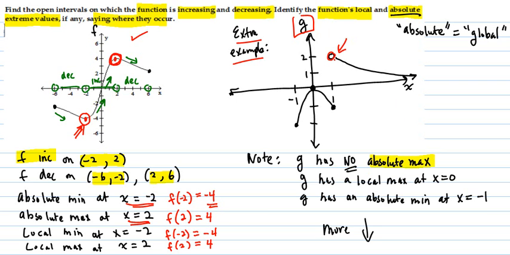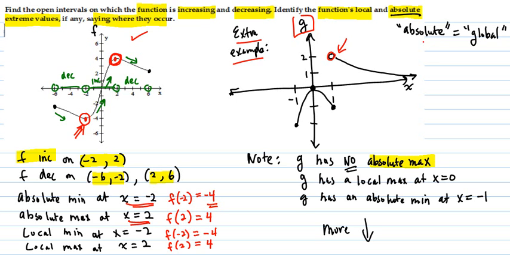But because it's an open circle, it never achieves 2. So there is no actual maximum, because if you say that the maximum is 1.9, then 1.91 is higher. You can always find a higher value. It doesn't achieve the maximum, so there is no absolute max.